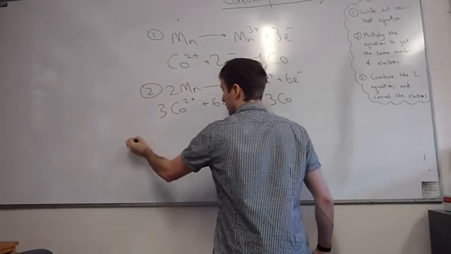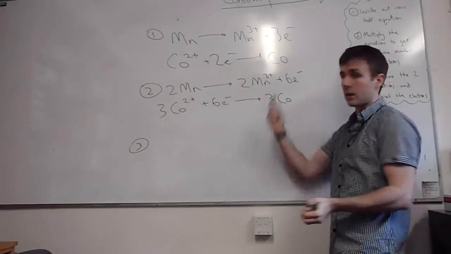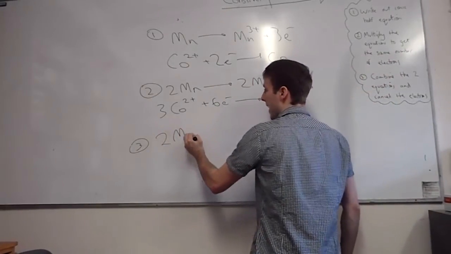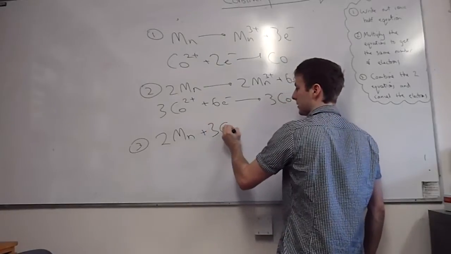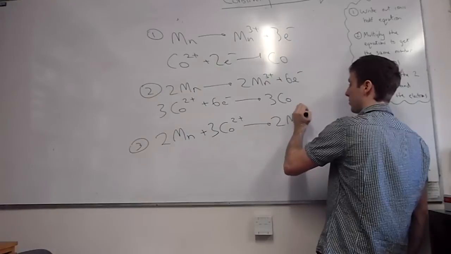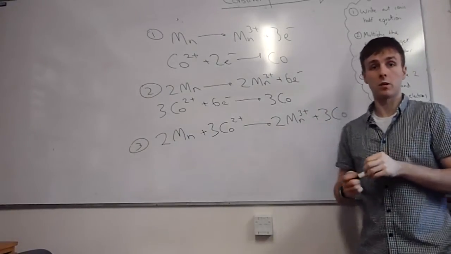Combine my equations, your electrons will cancel because look, once again the same number on each side. That's the whole point of doing step 2. So 2Mn plus 3Co2+ goes to 2Mn3+ plus 3Co. And that gave my balanced equation.